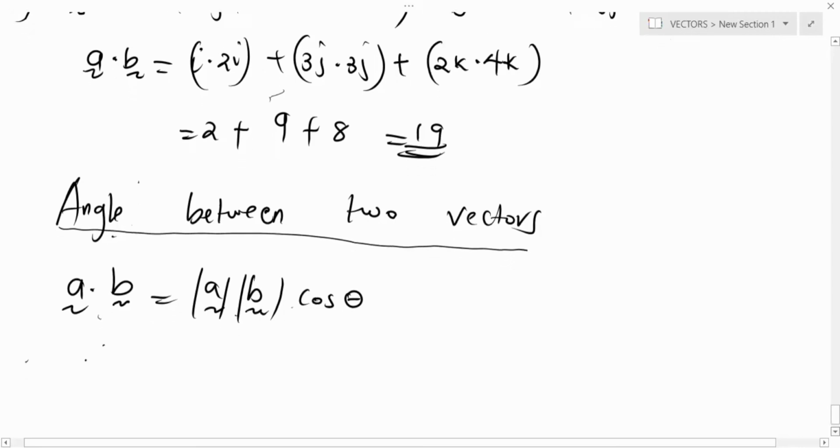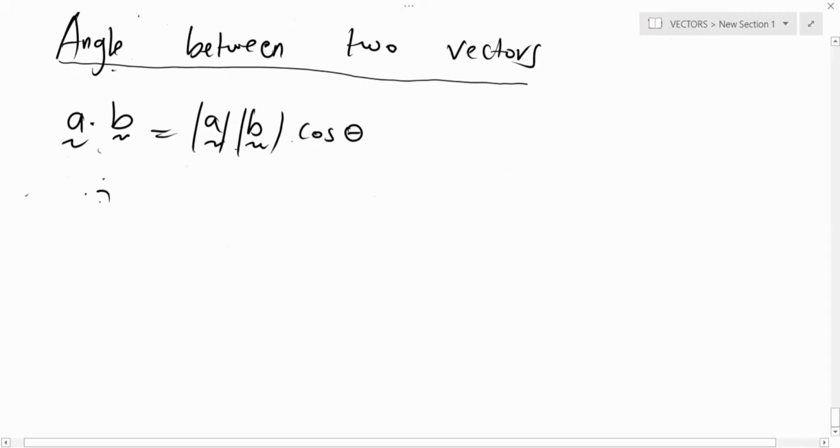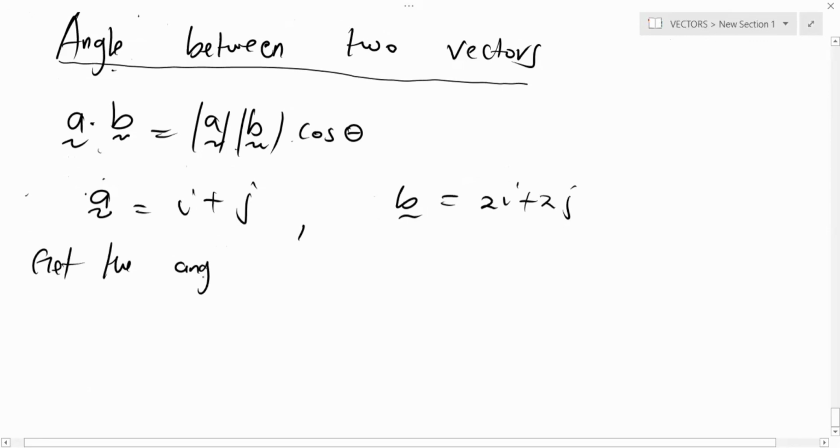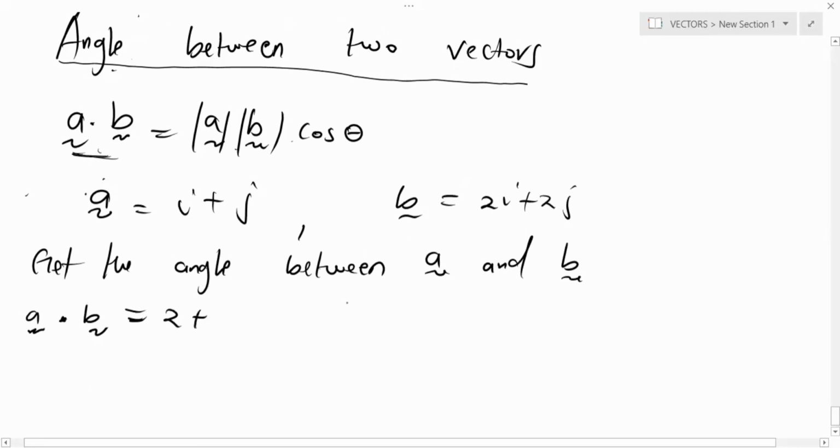So for example, if we are given two vectors, let's say A is equal to i plus j, and B is equal to 2i plus 2j, and we are being told to get the angle between vectors A and B. We use this formula here. So we evaluate A dot B. What is A dot B? i dot 2i gives us 2, plus j dot 2j gives us 2.